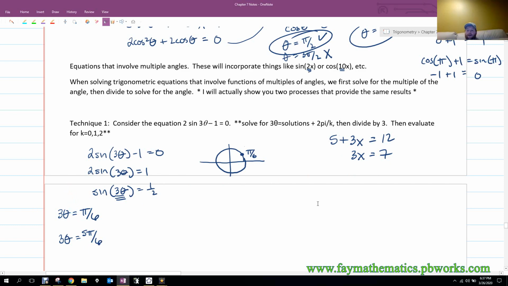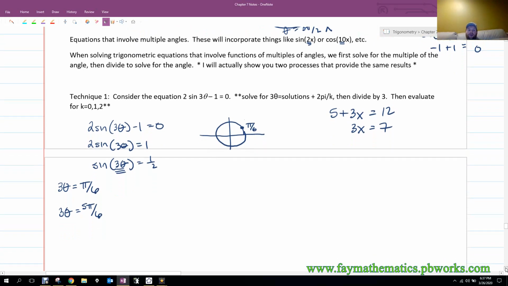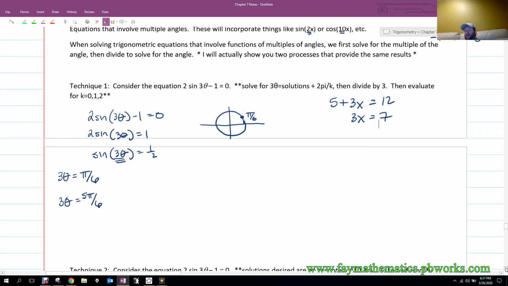Now, the only thing that I want us to be aware of is that usually they're going to ask you to find answers between 0 and 2 pi. So the best way of doing this is before I divide by 3 here, I'm going to add my 2 pi, and I'm actually going to divide that by k.